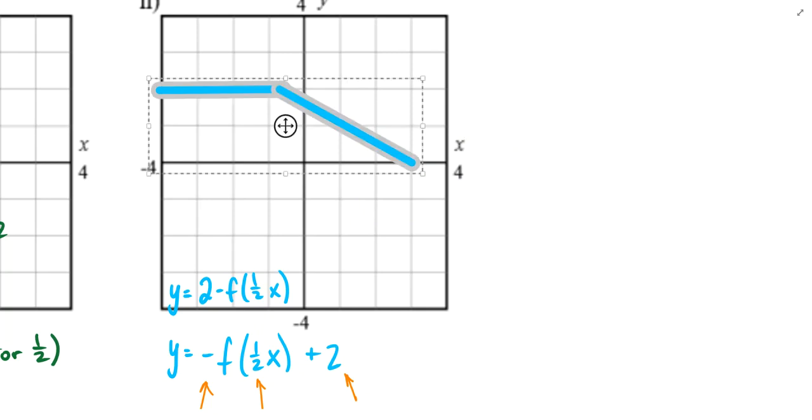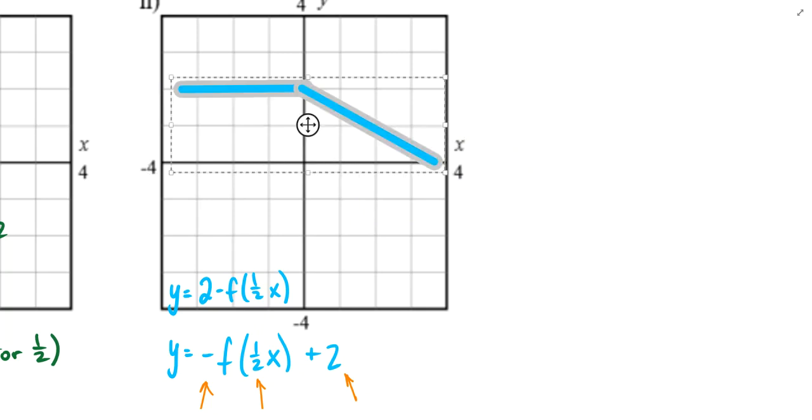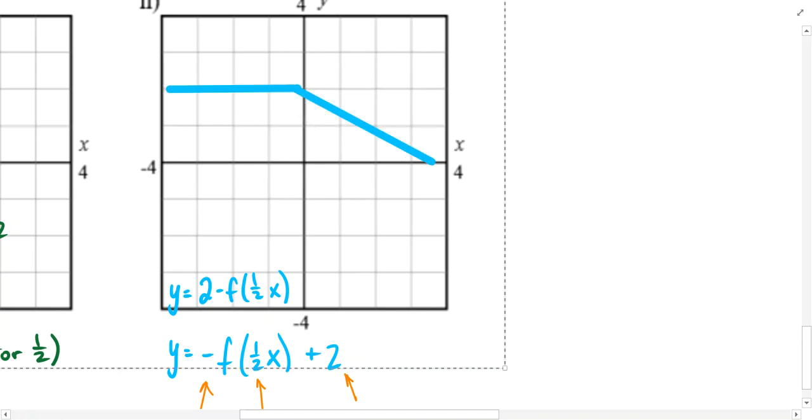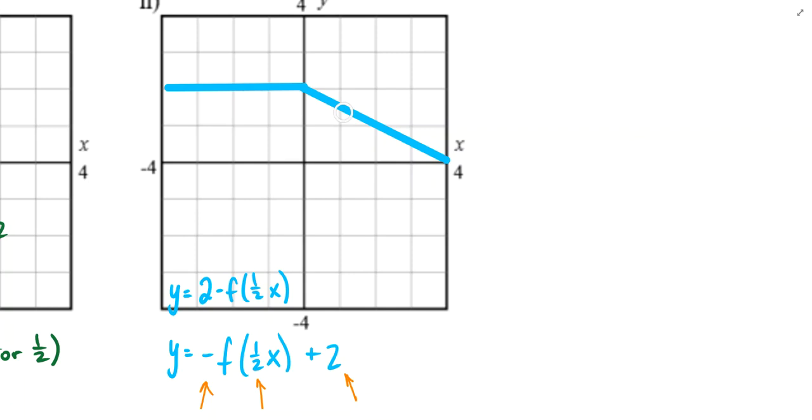So I went a little bit too wide there. Here we go. Maybe not wide enough. This is why I said it's going to be a little bit tricky, trying to get everything to line up. Okay, I'm happy with that. This graph has now been stretched twice as wide.